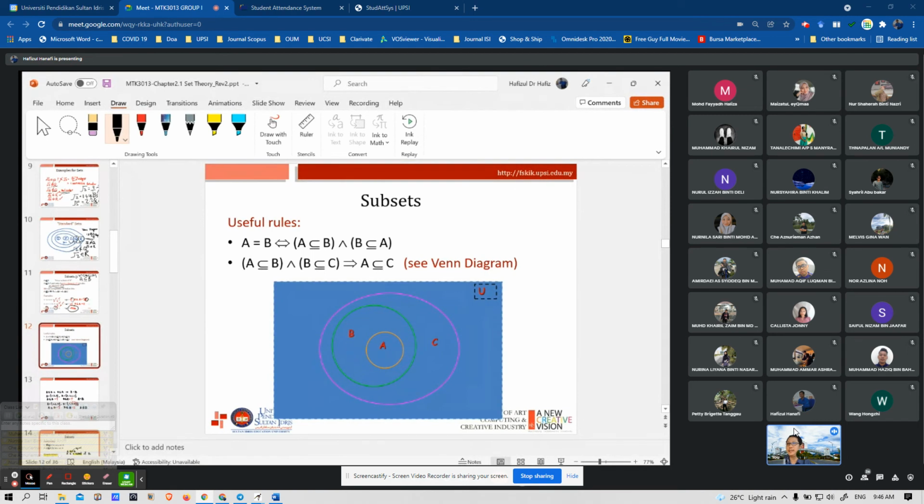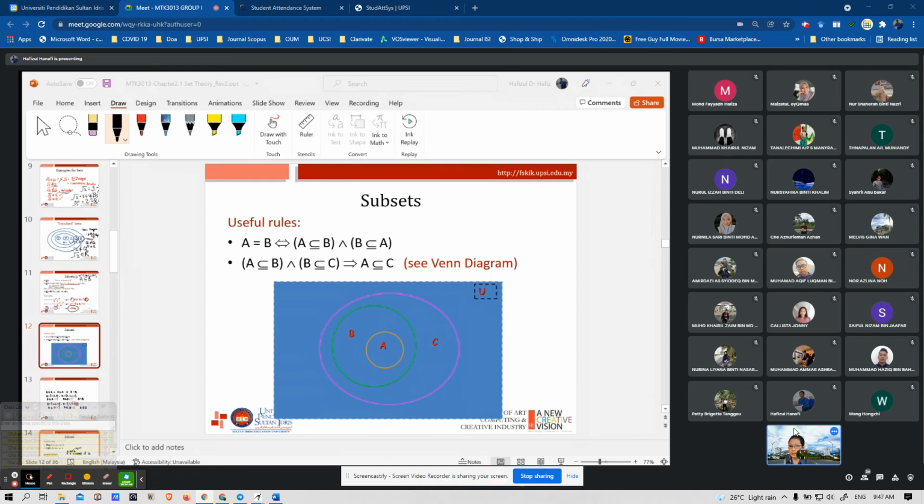Okay, as I mentioned before, A equal to B is equivalent to A subset of B and B subset of A. And then as you can see here, we have A, and B is a superset of A, and C is a superset of B and A. It is possible for A and B to be equal.